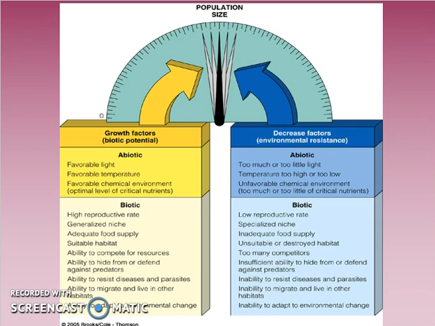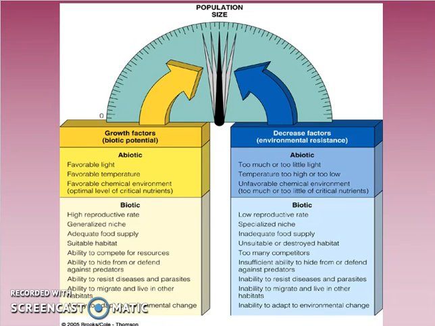Okay. So, growth factors versus decreasing factors, things that cause organisms to grow versus the population to decrease. These are your biotic potential things versus your environmental resistance. And they're constantly working one after the other.